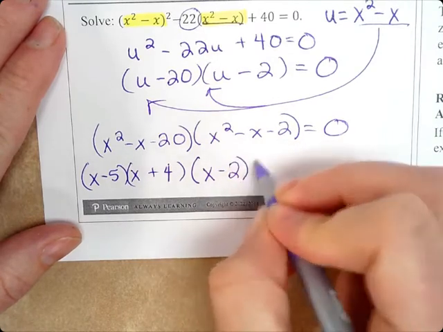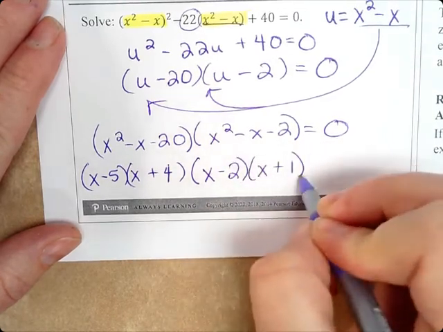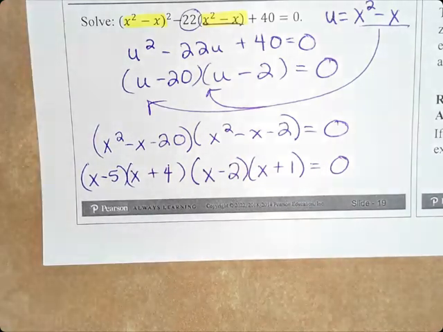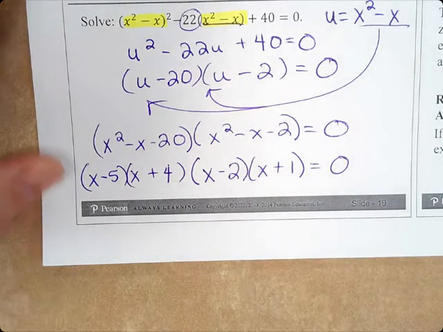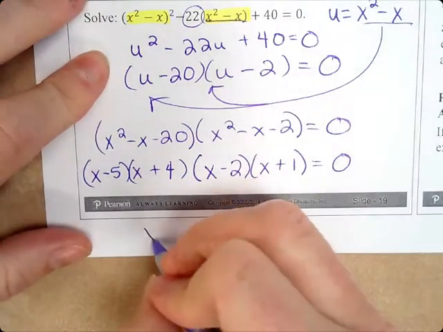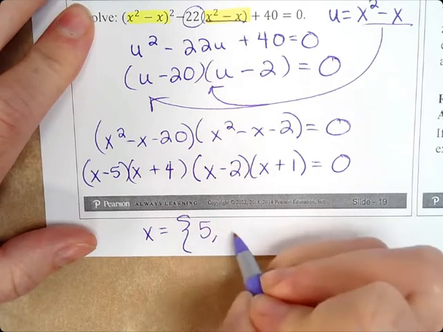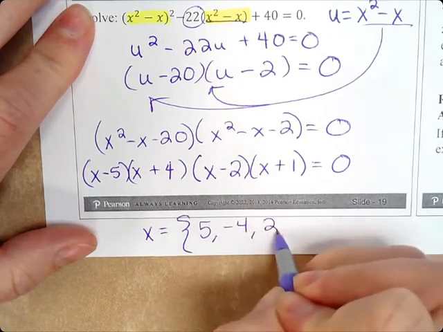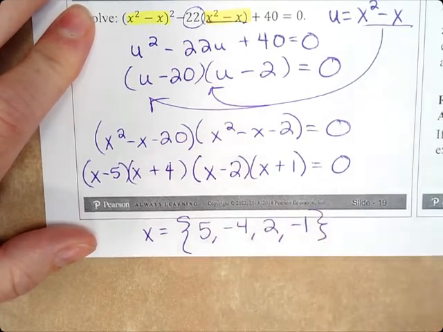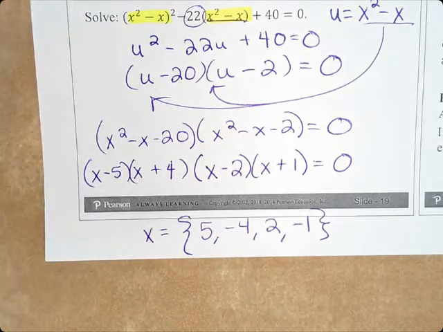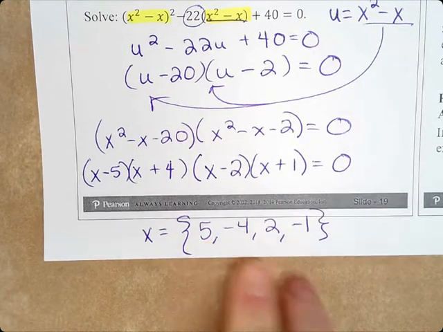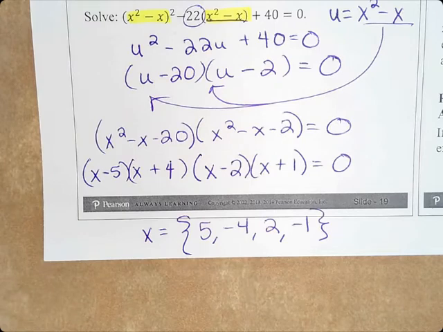Negative 2 and positive 1. Now we'll solve each one of those. So x will equal positive 5, negative 4, positive 2, negative 1. Easy peasy.